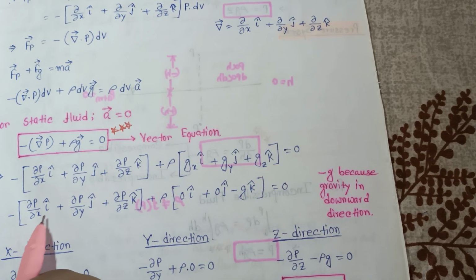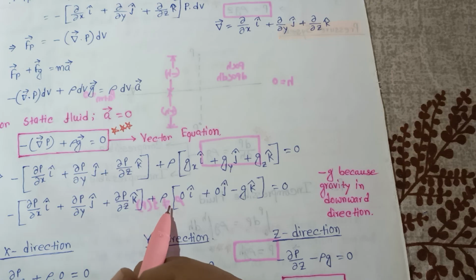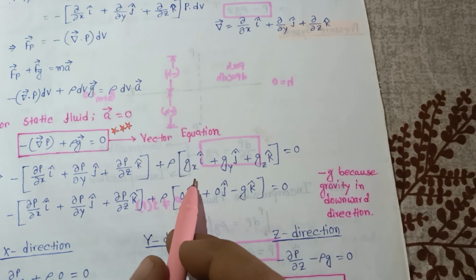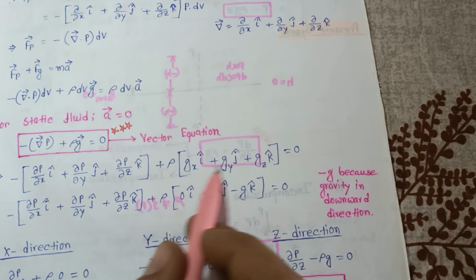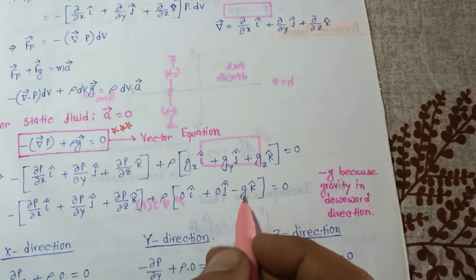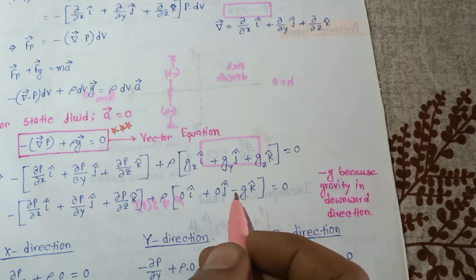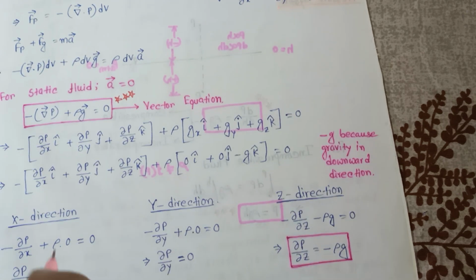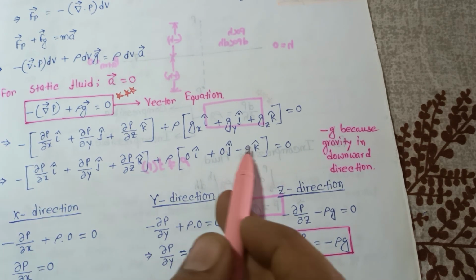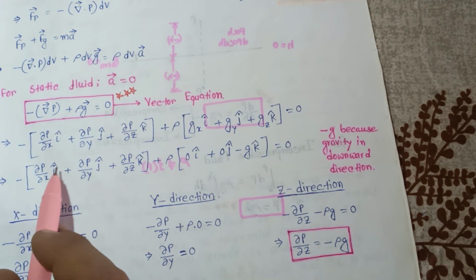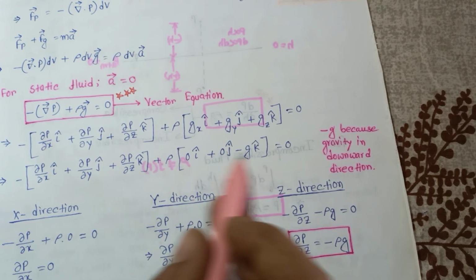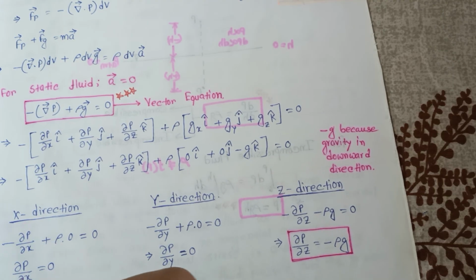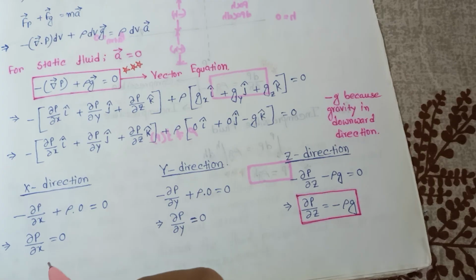So minus of del p by del x, same here, plus rho into, there is no gravitational acceleration in the x and y direction, only in the z direction, and due to the downward direction the sign is negative. So minus g k cap is equal to 0. For the x direction, minus of del p by del x plus rho of 0 is equal to 0, so del p by del x is equal to 0.